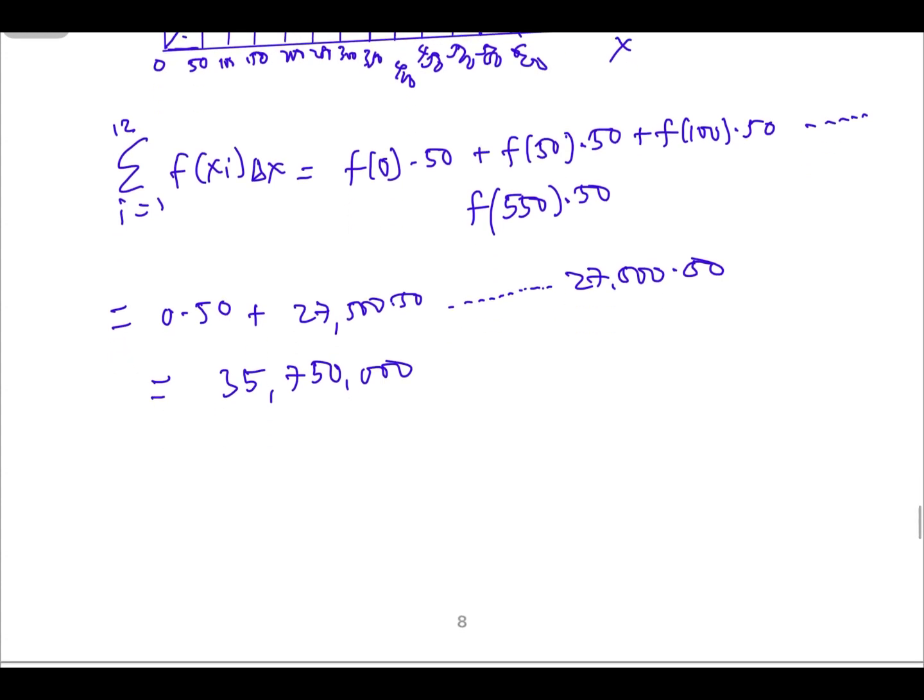So you can see that there is some difference between the first one, with the 6 rectangle approximation, and the second one, with the 12 rectangle approximation.